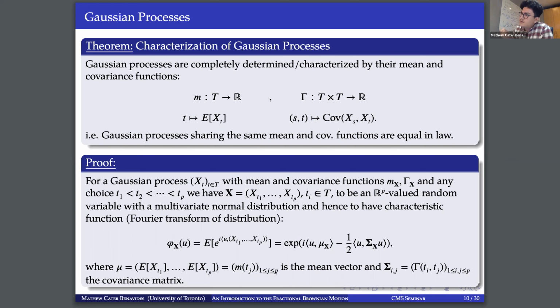And what you can observe is that what sits on the right-hand side only has two real parameters, mu_X and sigma_X, where mu_X is the mean vector, which is very literally the vector consisting of the means, as well as the covariance matrix of the random vector, right? And we can re-express the mean vector and that of the covariance matrix in terms of the mean function and covariance functions as follows. So what we're seeing here is that the characteristic function of a given finite dimensional marginal is entirely determined by that of the covariance function and the mean function, right?